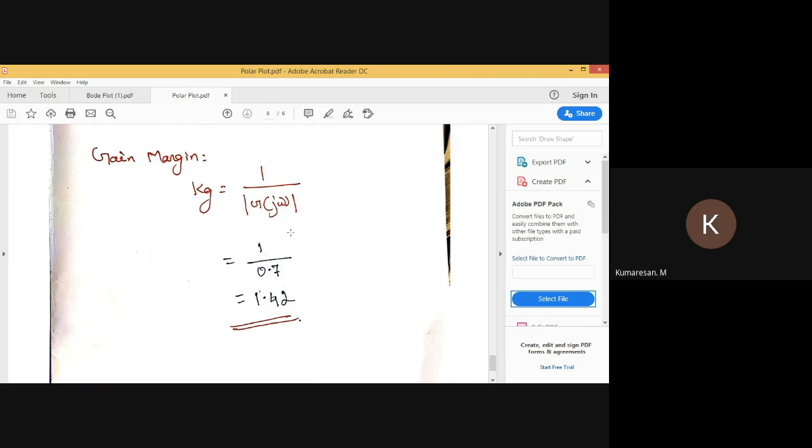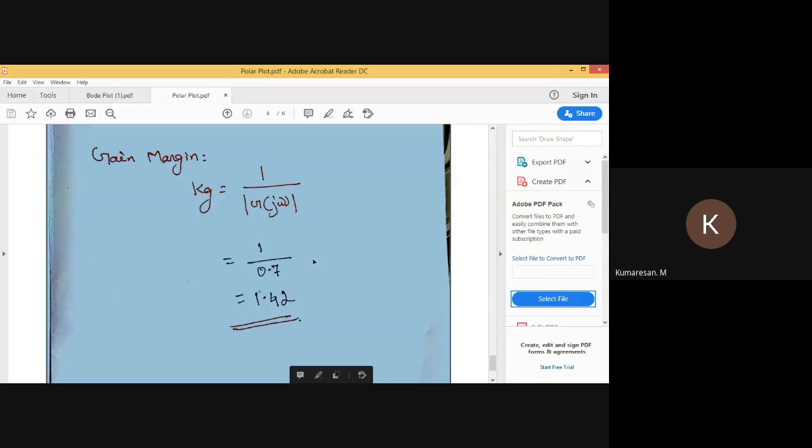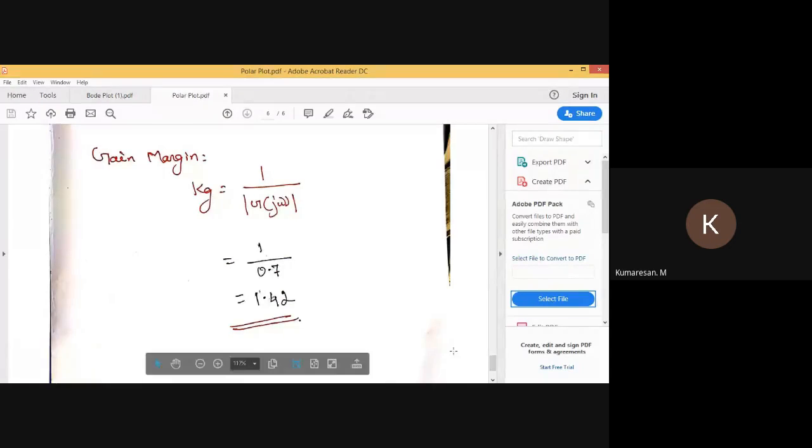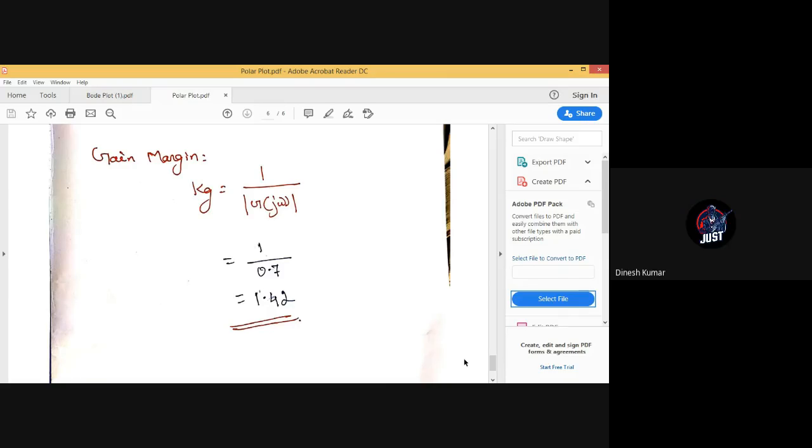Yes, can you able to see that polar plot? If you want to explain once again, anybody? Student, are you there? Yes, sir. Okay. The polar. Can you able to hear me? Yes, sir. Okay, the polar plot. You saw the polar plot.